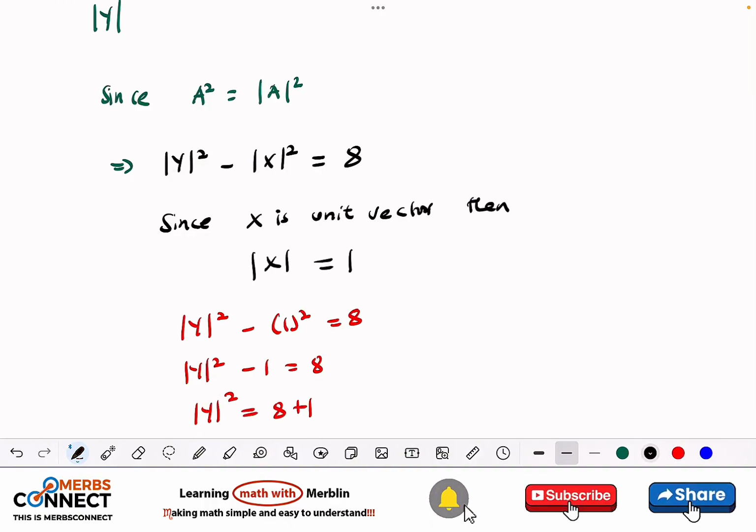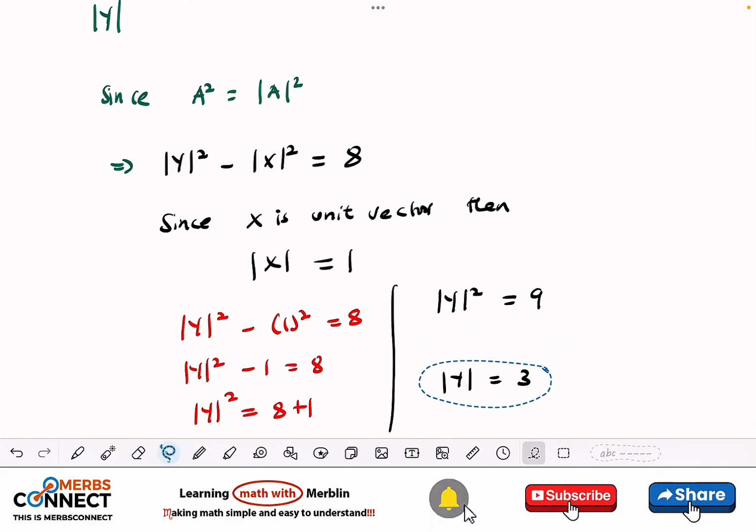So if I want to continue from here, I'm going to have magnitude of y squared to be equal to 9. And taking the square root, I'm going to have magnitude of this to be equal to 3. So that's what I'm going to get at the end of the day.